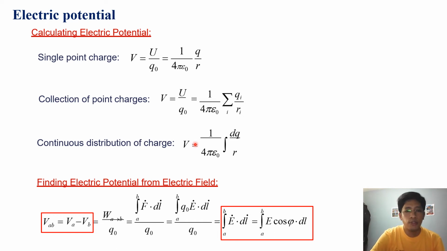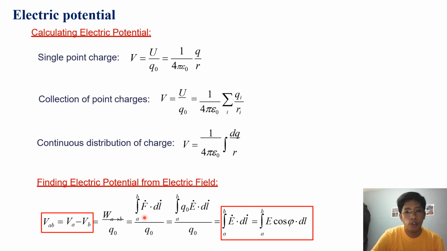And you can also find the electric potential from an electric field. Given the electric field, remember that your voltage VAB is equal to VA minus VB, and this is equal to the work from A to B divided by Q naught. Your work is your force times your displacement, evaluated from A to B, and you divide this by Q naught.